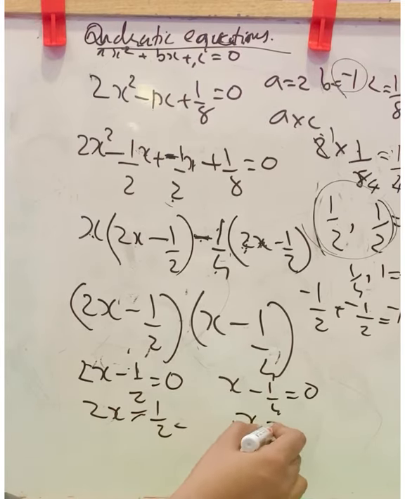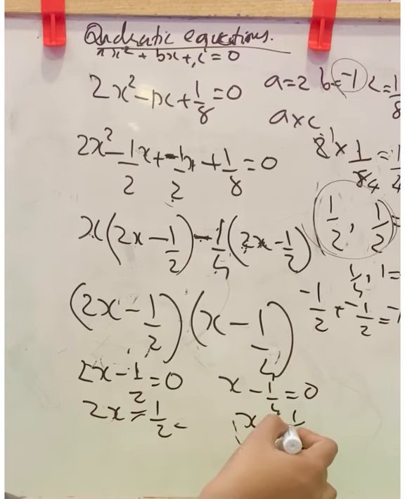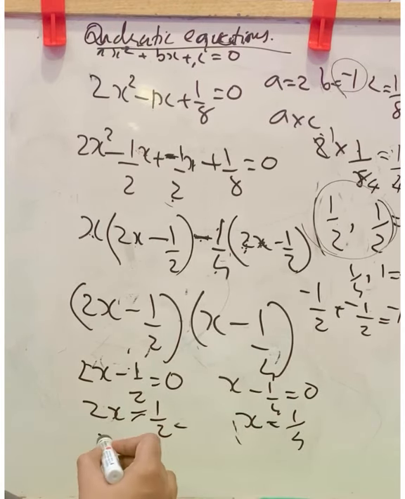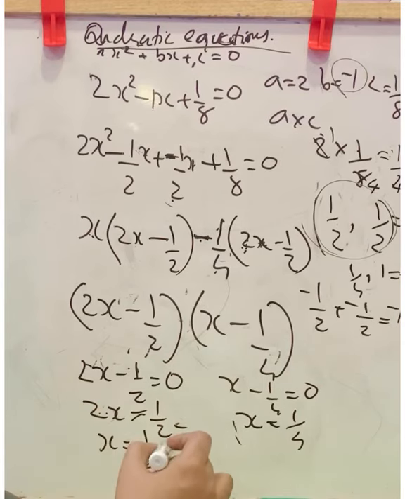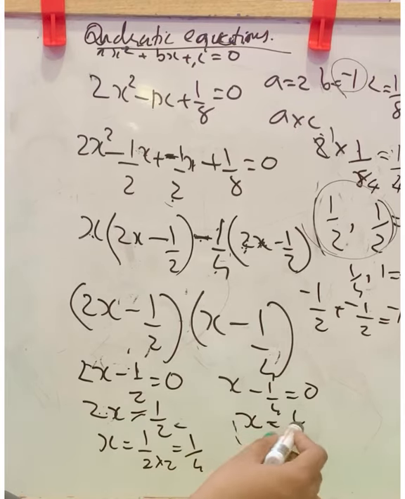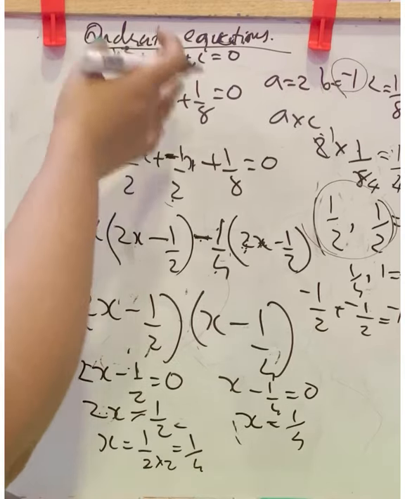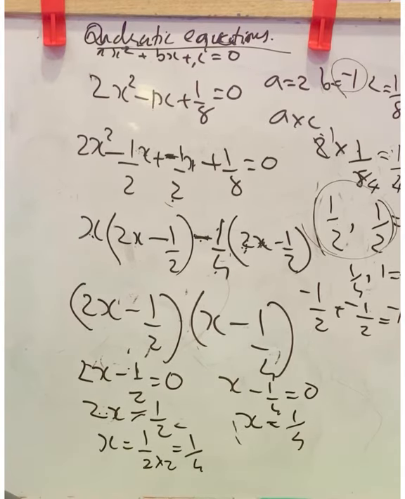Here keep x, minus 1 by 4 taken to RHS, positive 1 by 4. Now x is equal to 1 by 2 divided by 2: the 2 is in the numerator, so taking it to RHS it goes to the denominator, x is equal to 1 by 4. Here x is 1 by 4. So the values are 1 by 4 comma 1 by 4. That is, the roots of this equation are 1 by 4 and 1 by 4.